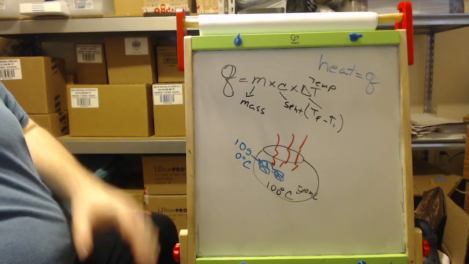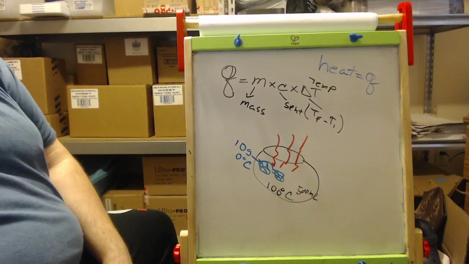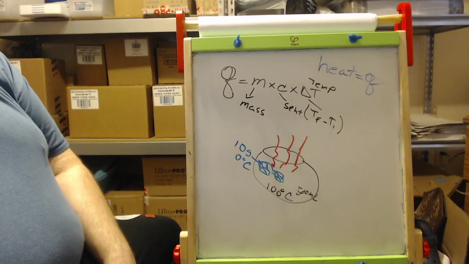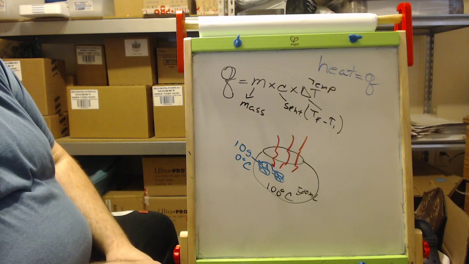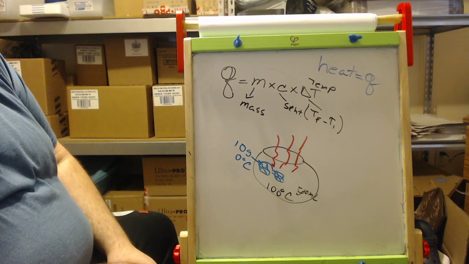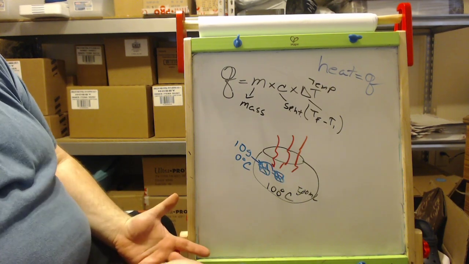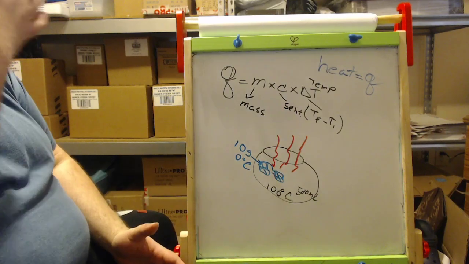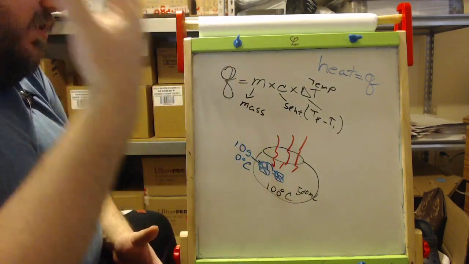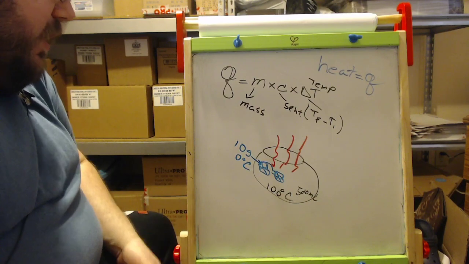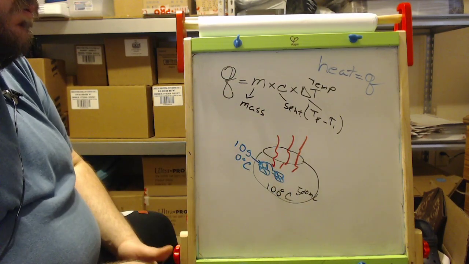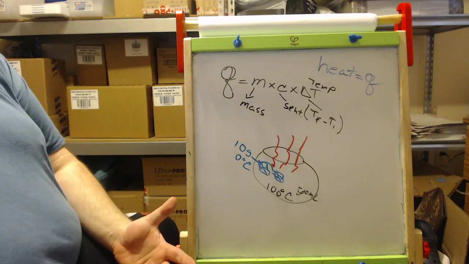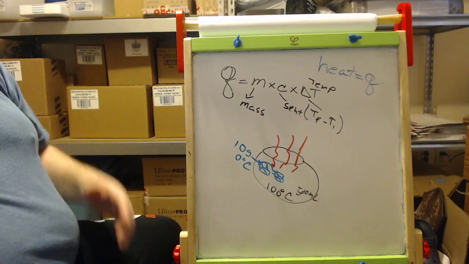And I want to know what's going to happen during this process. So what's going to happen if I have 100 degrees Celsius soup or water, and I put in 10 grams of ice cubes at 0 degrees Celsius? So now I don't want to know the math.